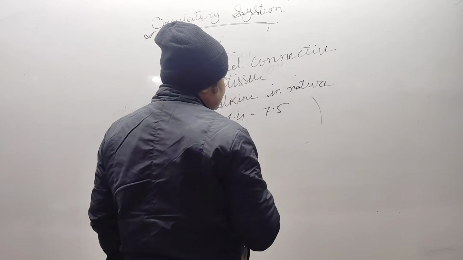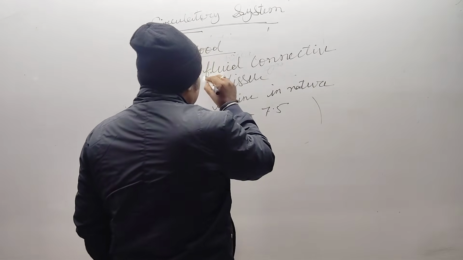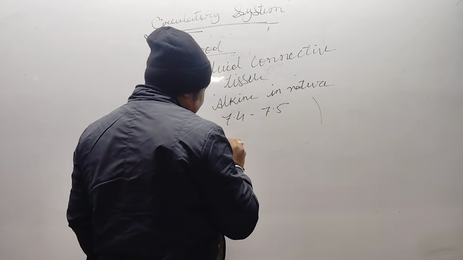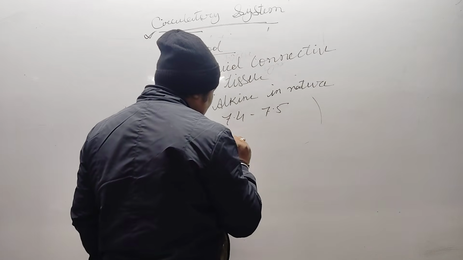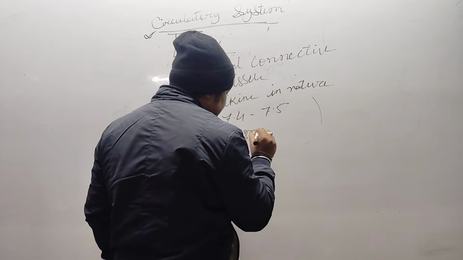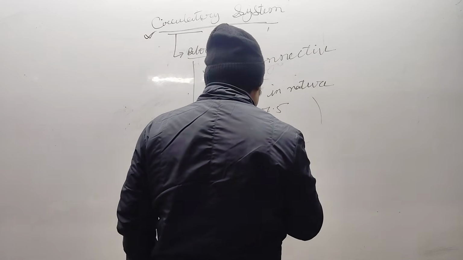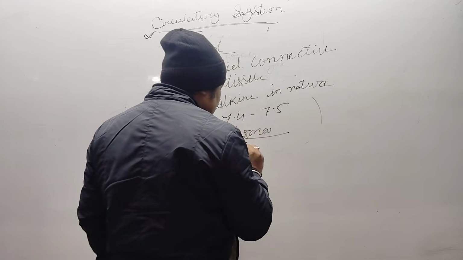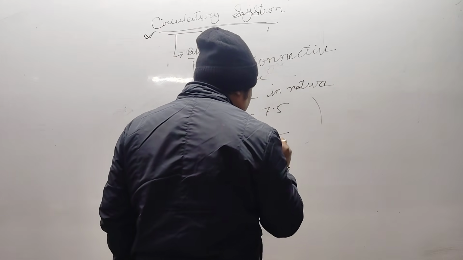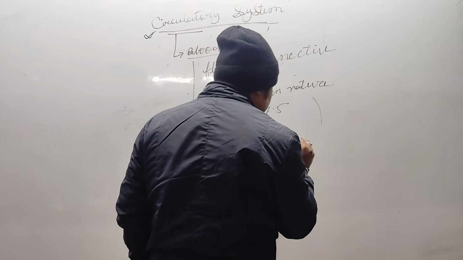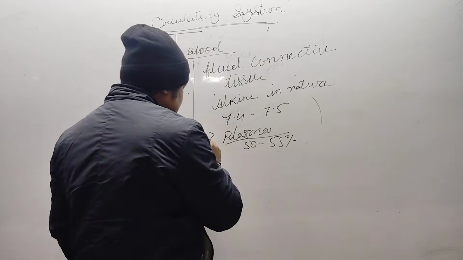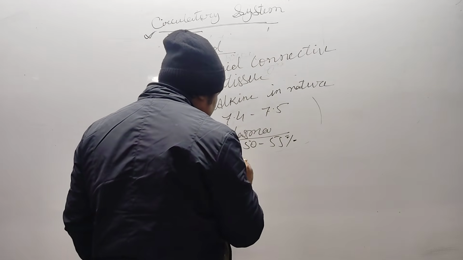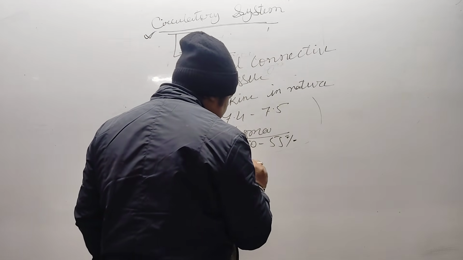Now, along with that, the blood is composed of, first, the plasma. Plasma is about 50 to 55% of total blood. The second thing is the formed elements or the blood cells.